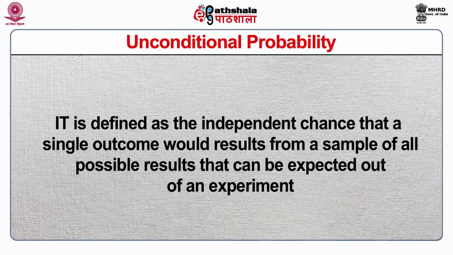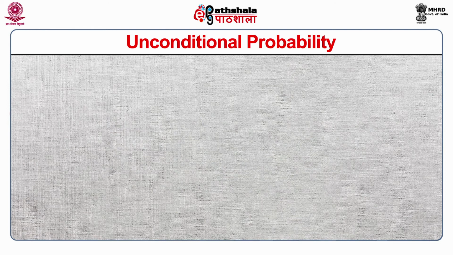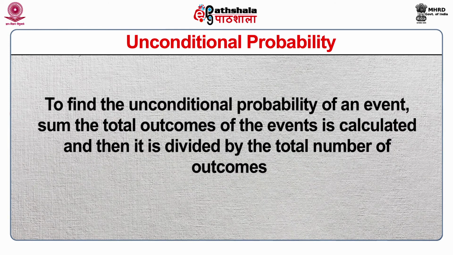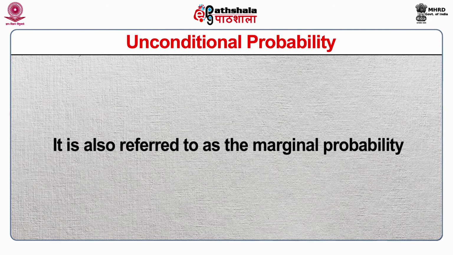It is defined as the independent chance that a single outcome would result from a sample of all possible results that can be expected out of an experiment. To find the unconditional probability of an event, the total outcomes of the event are calculated and then divided by the total number of outcomes. It is also referred to as the marginal probability.